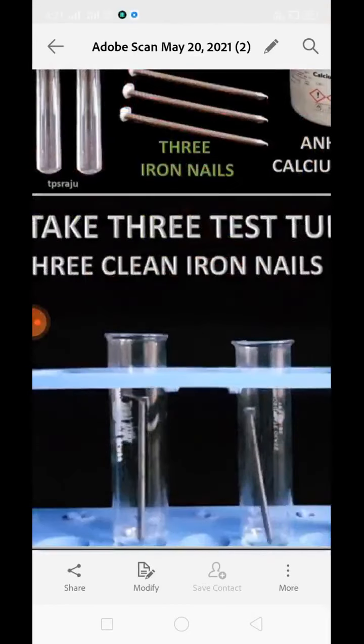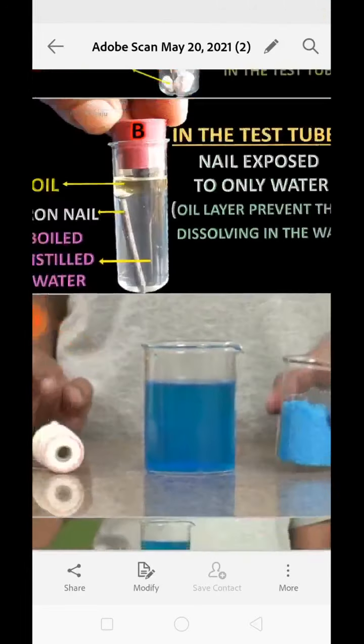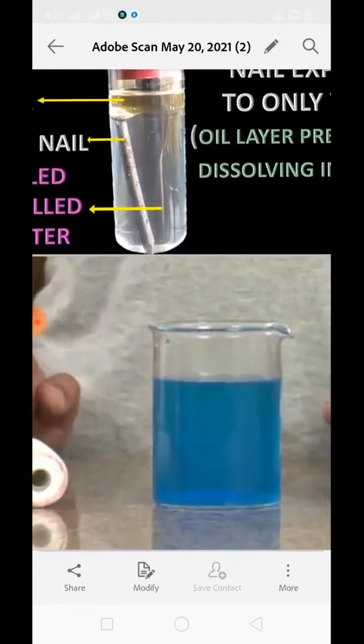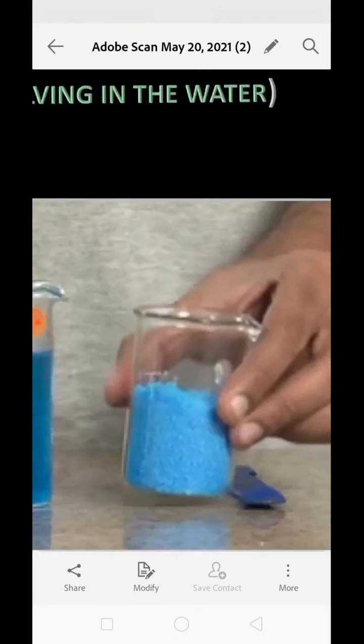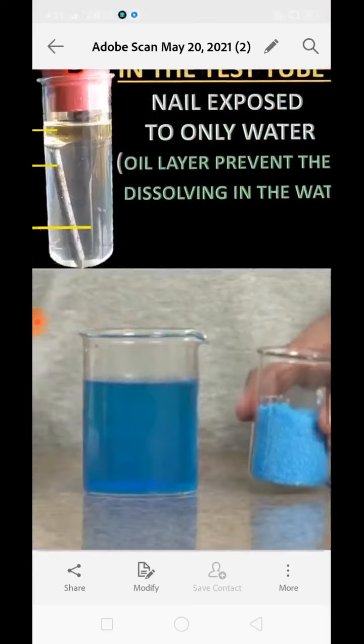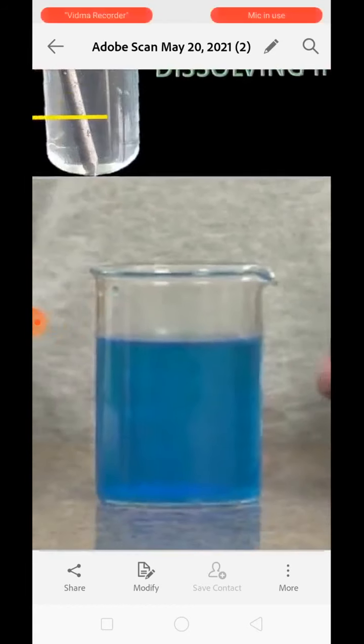Now see how we are going to do this. See over here. This is the copper sulfate solution and these are crystals of copper sulfate. This solution is already in a saturated condition. It means no more copper sulfate can be added into this solution.